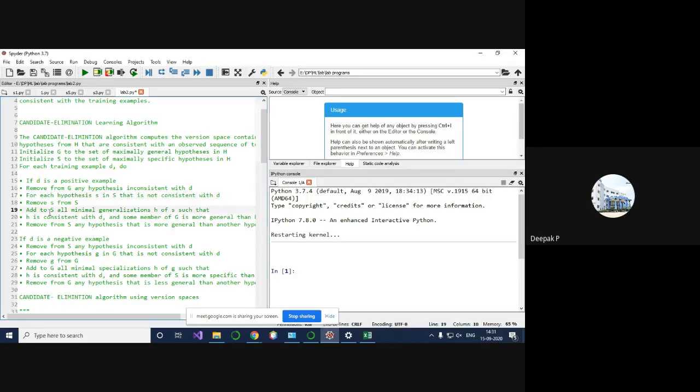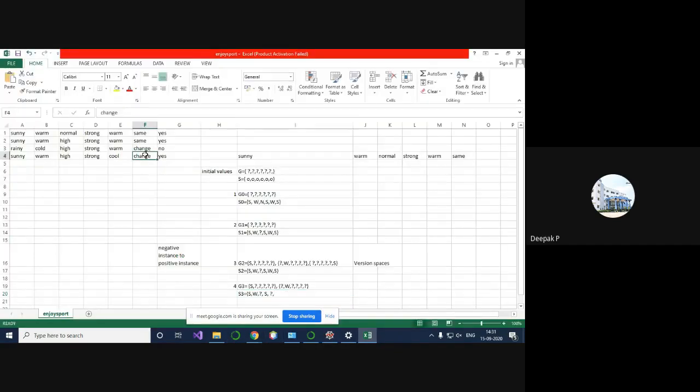When this becomes the condition, I need to remove those inconsistent data by making it a minimal generalization to the specific hypothesis. If I do that, the G will be more general when compared to the S. Okay. So next, I'm having change. Here I'm having same. So there is a value change, so it becomes question mark.